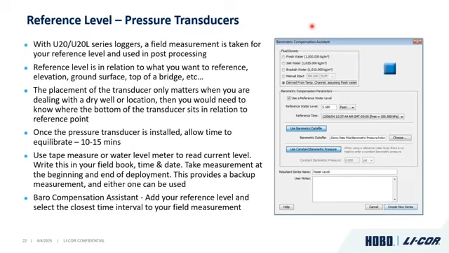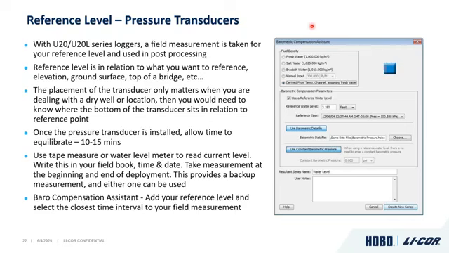And so your reference level, most think it has something to do with your transducer and where it's positioned. It can, but in most cases, it's just a reference level in relation to what you want to reference. And so that can be elevation. It can be ground surface. You can call ground surface 0. It could be the top of a bridge.